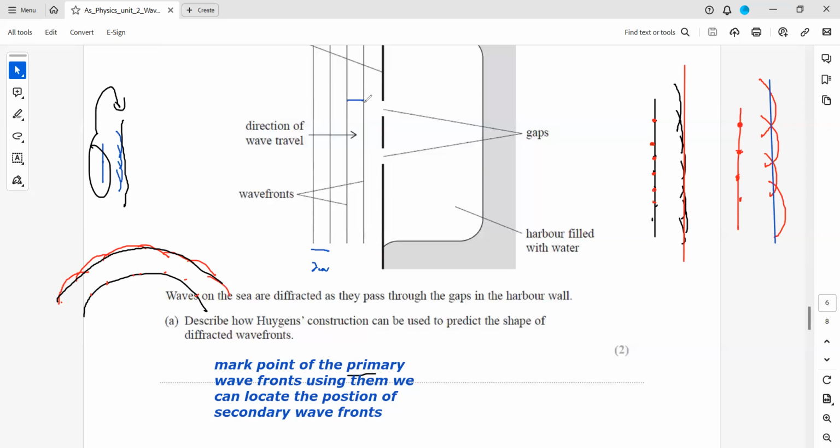Just measure the distance between the pen and the pencil of your compass, and say this is 2 centimeters. So if you want to locate the new wavefront according to Huygens principle, just draw 2 centimeter arcs. The arc length is not 2, the spacing is 2. Then join them and you will get the result.